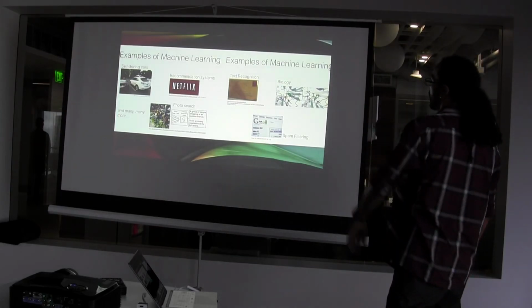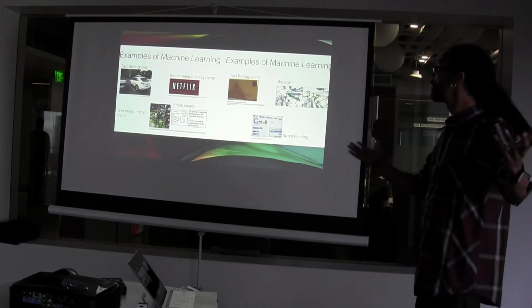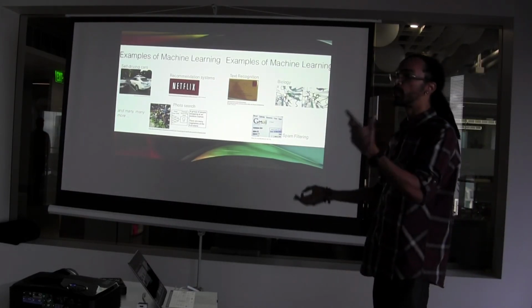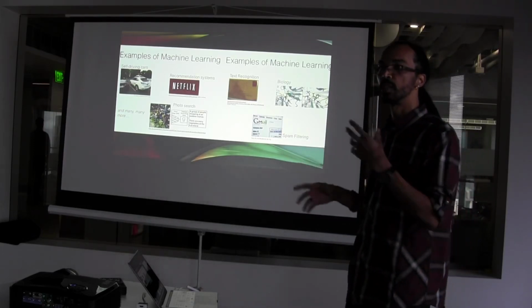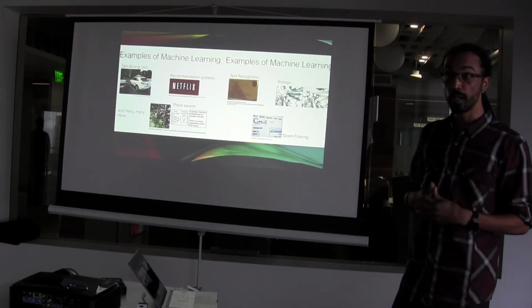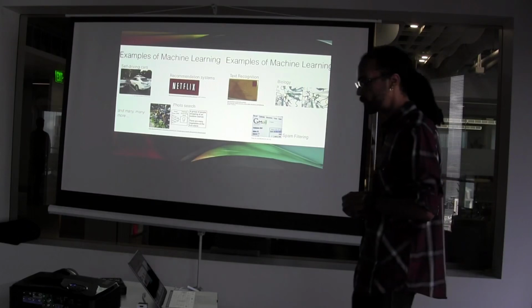Text recognition, when you scan something in. Spam filtering in your Gmail. These are all examples of machine learning. Netflix takes what you watch, learns what you watch, gives you recommendations. Amazon does the same thing when they recommend other products, things like that. So that would be an example of machine learning.